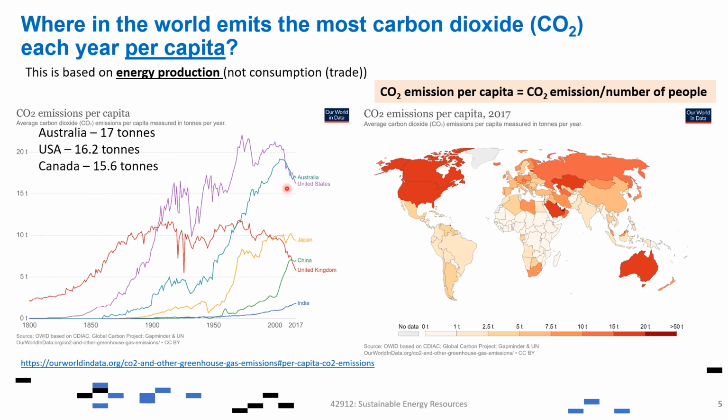So on a per person basis, based on the energy production, we still produce the most emissions per capita in the world. This is followed by the United States, and then Japan, and also Canada. But you can see there are always changes from the US being highest per capita before, and now Australia is overtaking. And this is not so good because this is CO2 emissions.